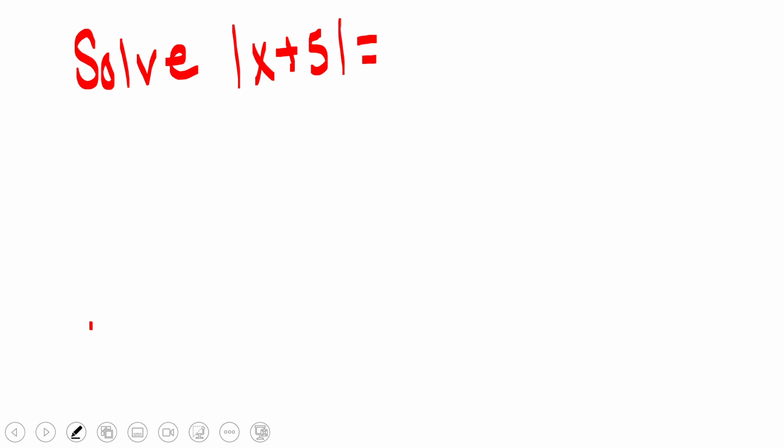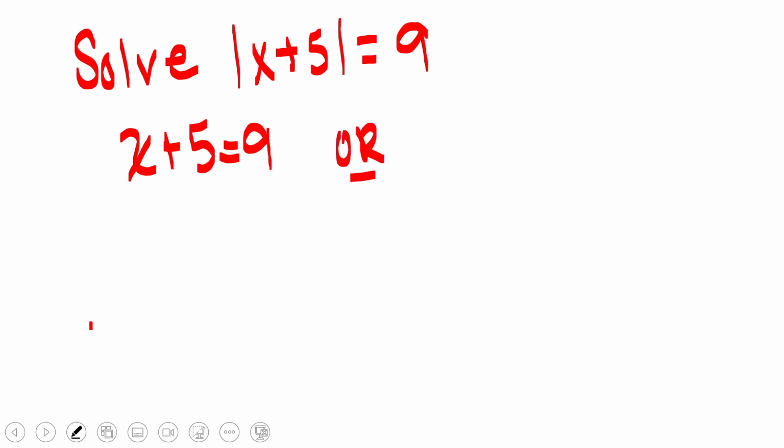Alright, if you're asked to solve something like the absolute value of x plus 5 equals 9, then if we drop the absolute value symbol, we have x plus 5 equals 9, the original given equation, or x plus 5 equals -9.